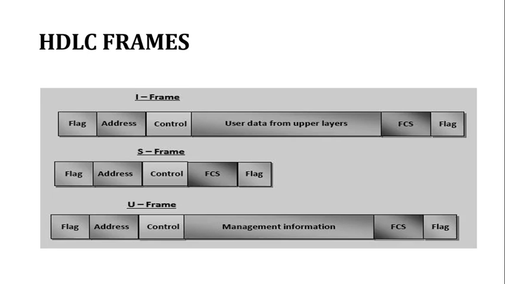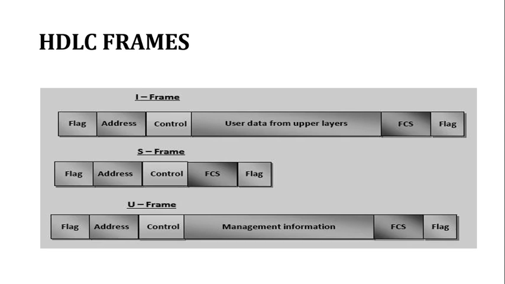This diagram shows each one: I frame, S frame, and U frame. I frame contains flag field, address field, control field, then user data from upper layers, then FCS, then the last flag field. So these are the fields for I frame.